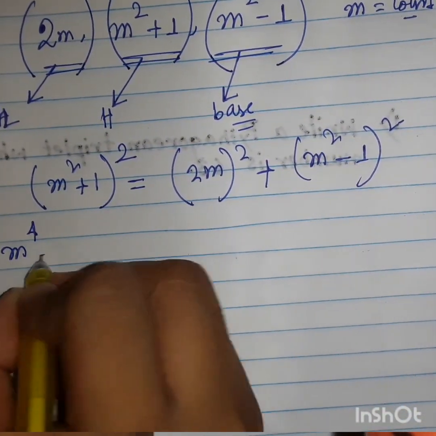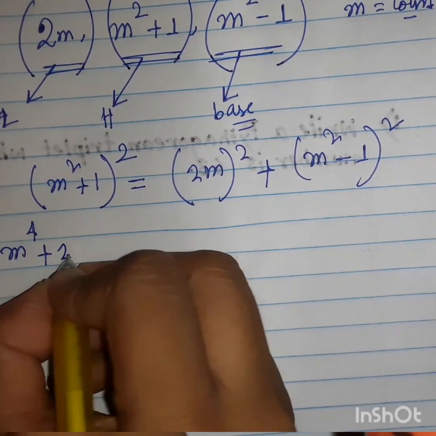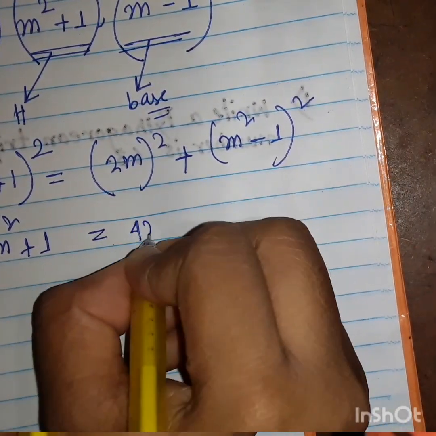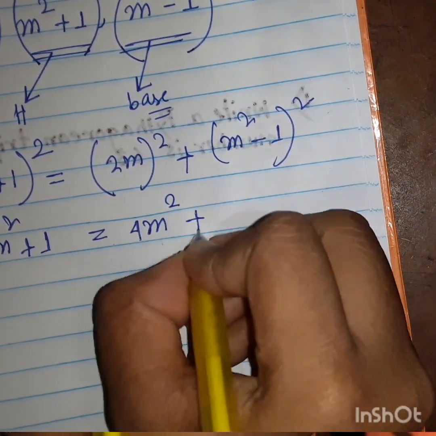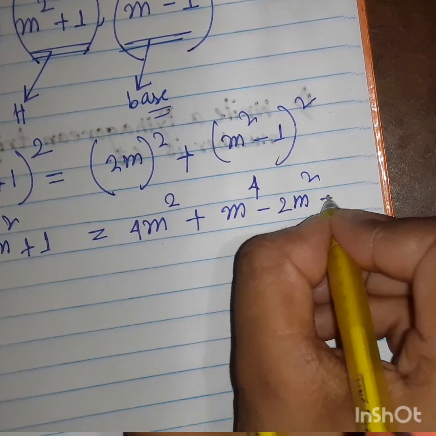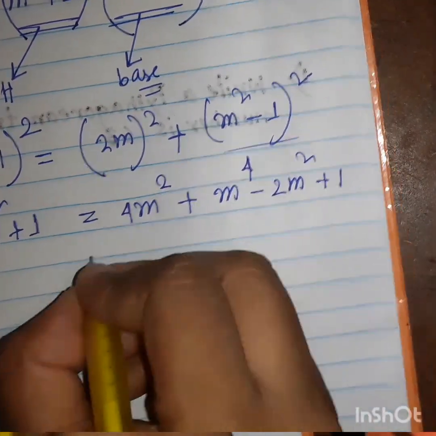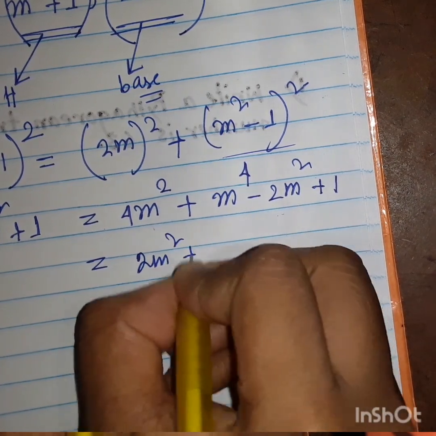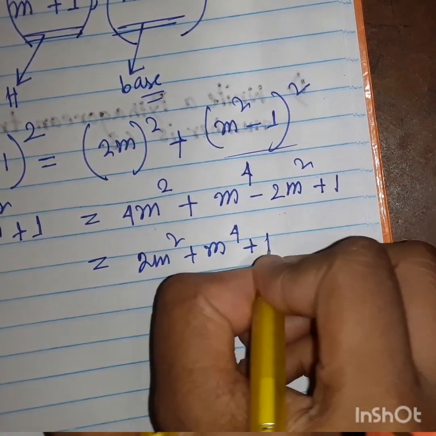Expanding, this side is m to the power 4 plus 2m square plus 1 by applying a plus b whole square, and in this side 4m square plus m to the power 4 minus 2m square plus 1 by applying a minus b whole square. So it also becomes m to the power 4 plus 2m square plus 1.